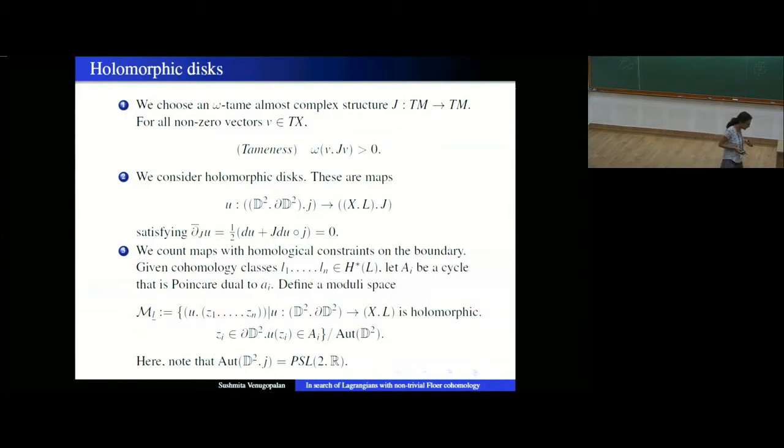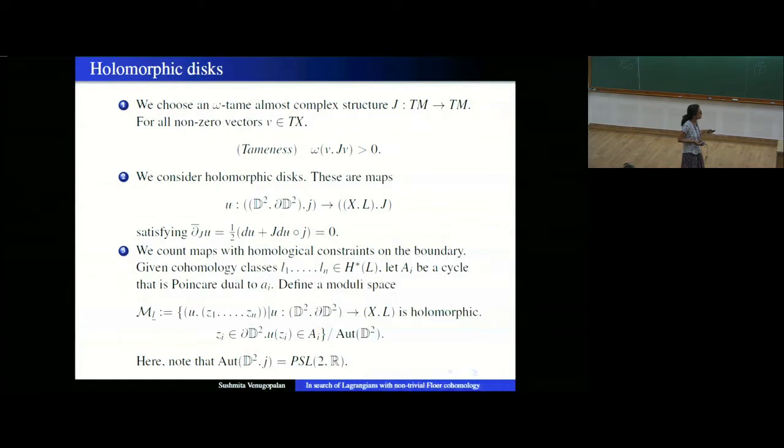As you may have seen in Gromov-Witten theory, in order to get zero-dimensional moduli spaces which you can count, you need to put some homological constraints on marked points. So we do something similar here, except that these homological constraints are on the boundary. So we consider cohomology classes on L, the Lagrangian, and take cycles, those that are, sorry, there's a typo here, there should be L_i.